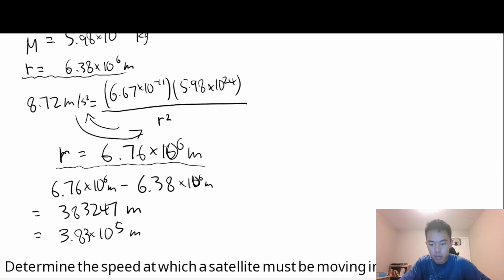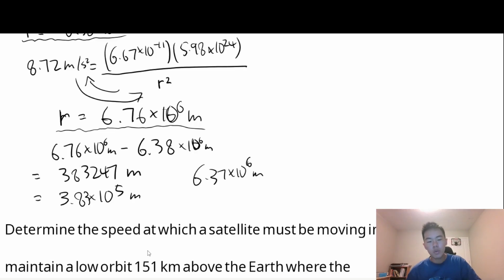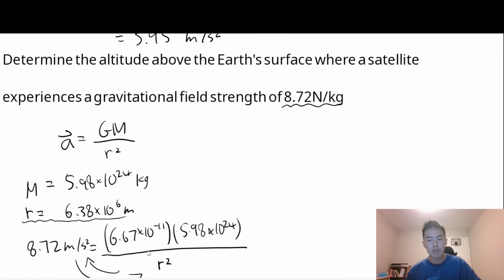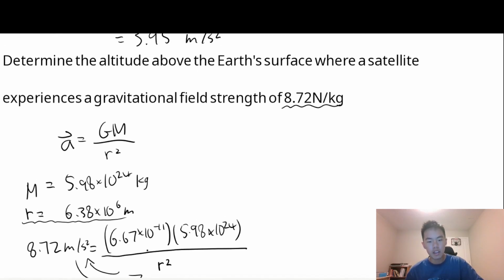Let me double check that real quick. I just did some research and I think it's because my book is using 6.37 times 10 to the 6 meters instead of my 6.38. It depends on what formula sheet you have, I guess. Doesn't really matter, but at least we solved the problem. So the answer is 3.83 times 10 to the 5 meters.